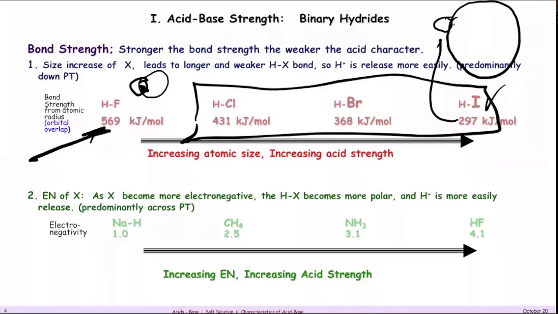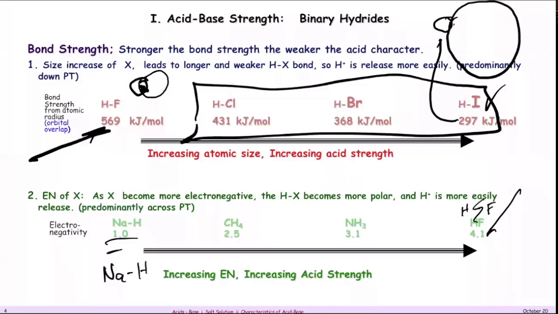If we take a look at these right here, fluorine is going to remove the electrons from hydrogen to a greater extent than the sodium, because sodium doesn't have a big electronegativity. It doesn't want to pull in the electrons. So this bond between H and F is weaker than this bond between Na and H. That's why HF is a stronger acid.